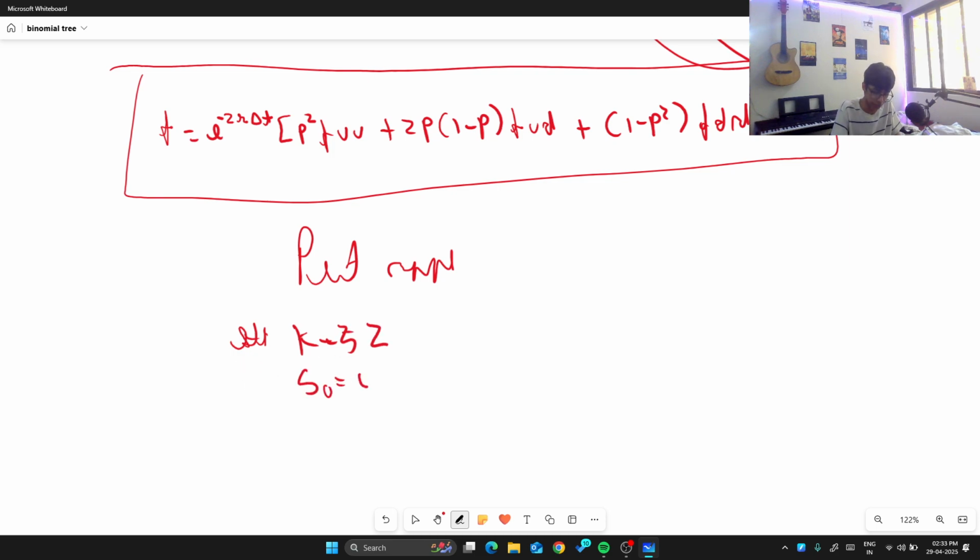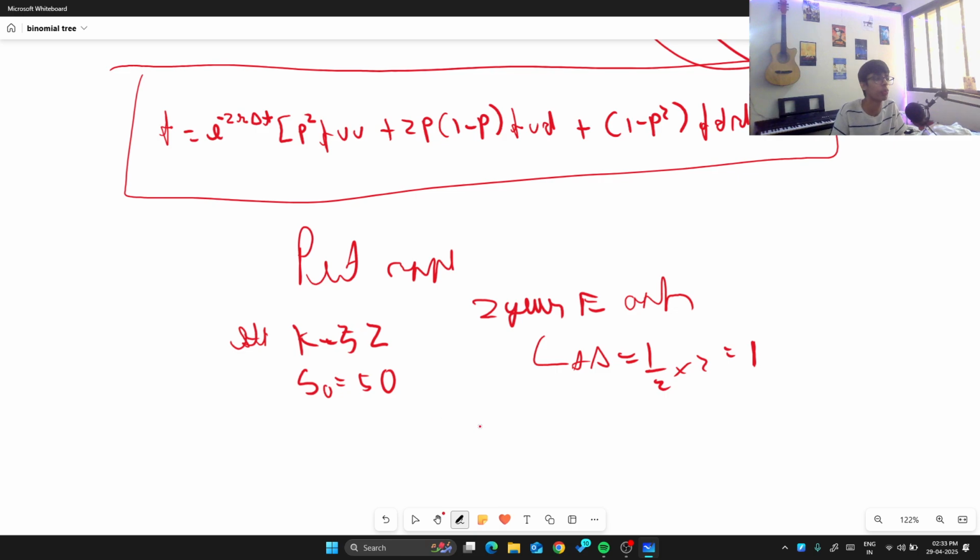S is trading at 50. It is a 2-year European option, and delta t equal to 1.